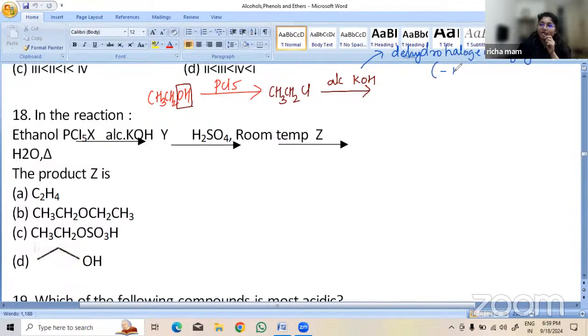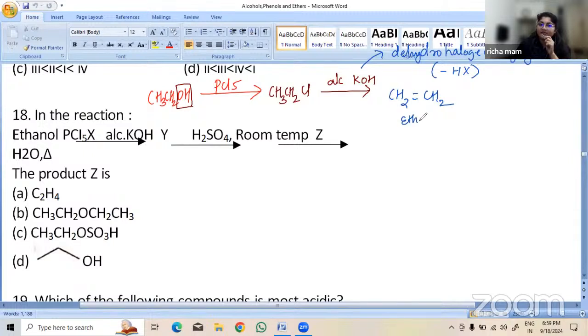So there will be removal of one hydrogen and one halide. When the hydrogen and halide go, we are left with an alkene. That is our ethene.